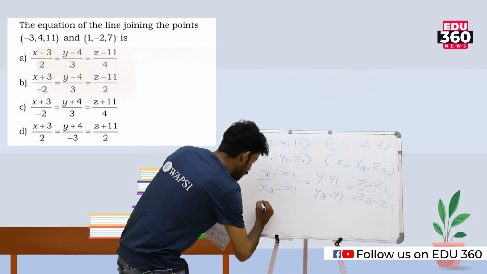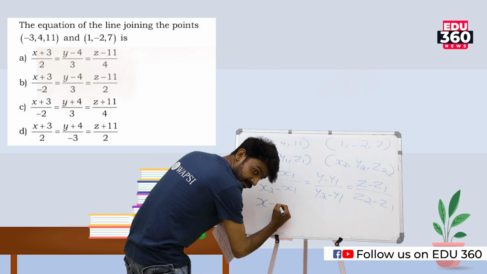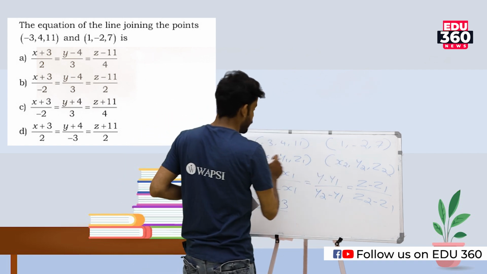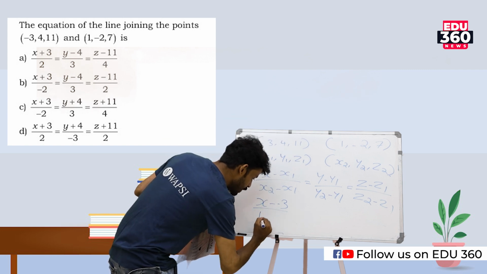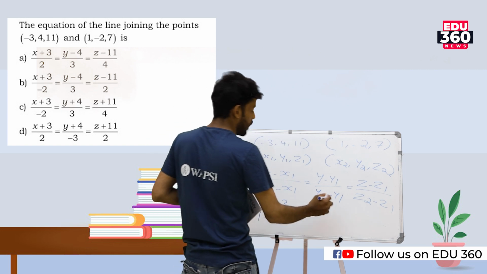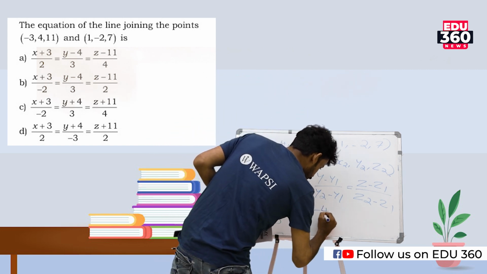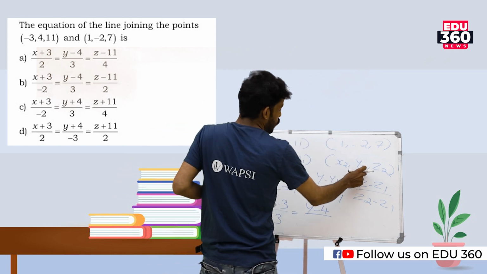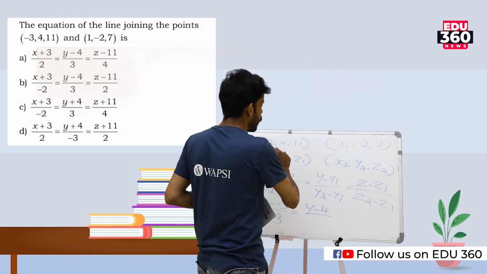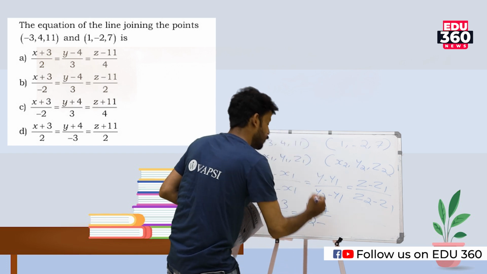Hereafter we can substitute the values. x minus x1, where x1 is -3, so x minus -3 divided by x2 minus x1, that is 1 minus -3. Equal to y minus y1, where y1 is 4, so y minus 4 divided by y2 minus y1, that is -2 minus 4.